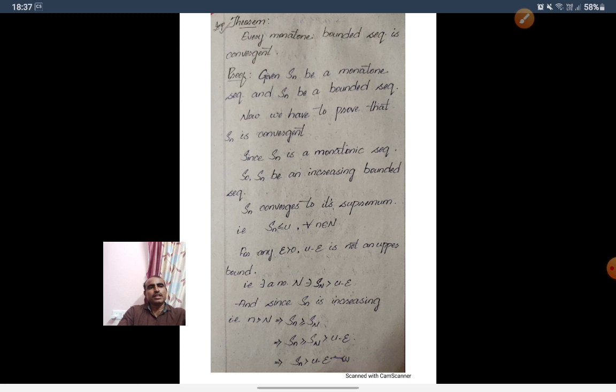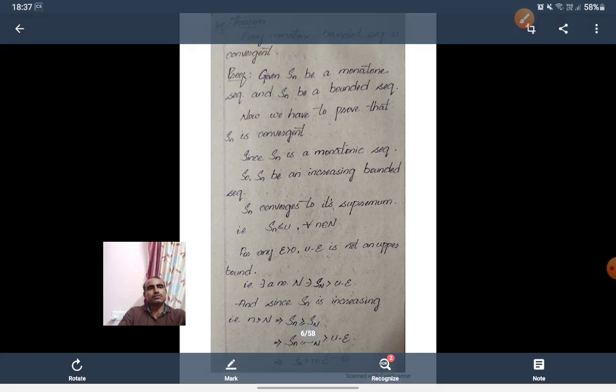For any epsilon greater than 0, u minus epsilon is not an upper bound, right? u is the supremum, so u minus epsilon is not an upper bound. There exists a natural number N such that S capital N is greater than u minus epsilon.